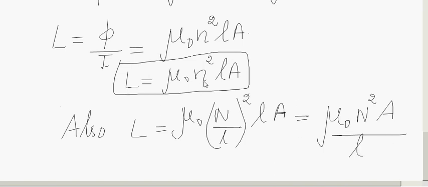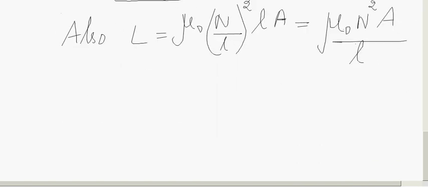This we got by substituting n as capital N by L. Mu naught capital N square into A by L, or mu naught small n square into L into A.